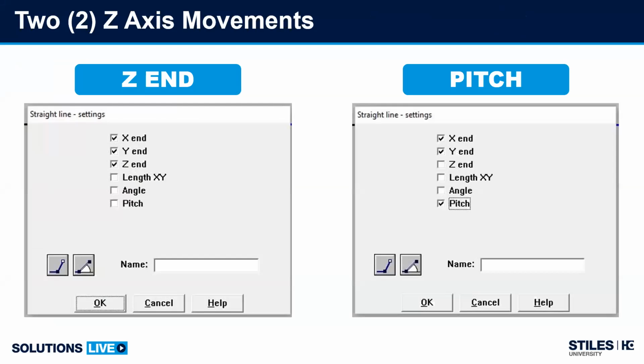So let's talk about Z-axis moves. You have two options. You can tell the router to end the line at some point in the Z. Probably use the most. It's definitely the safest move. We'll talk about what happens when we pick the second option, which is pitch. Pitch is an angular move. It's rise over run. But you have to be very careful.